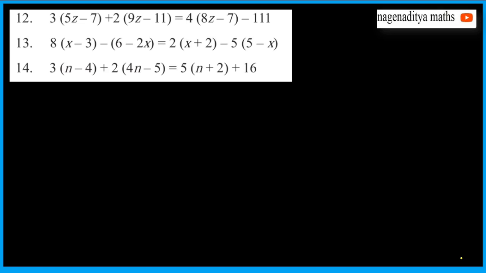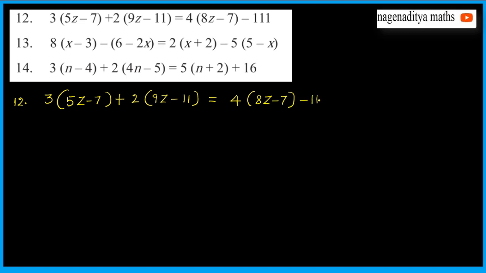Next, 12th problem. 3 times 5z minus 7 plus 2 times 9z minus 11 is equal to 4 times 8z minus 7 minus 111.